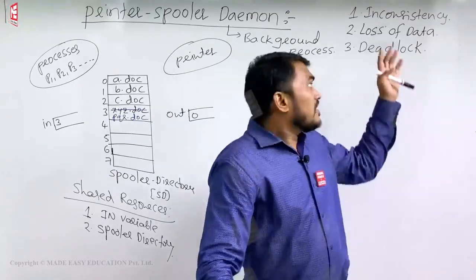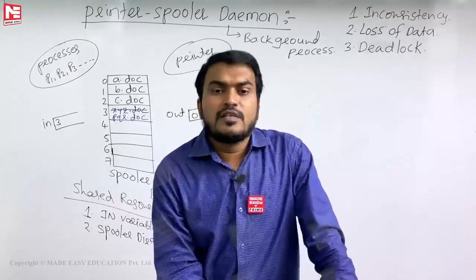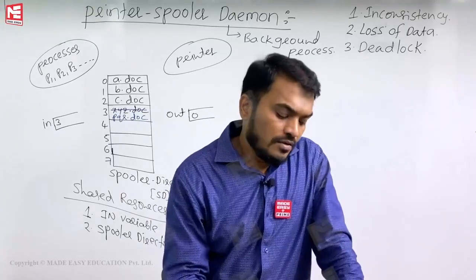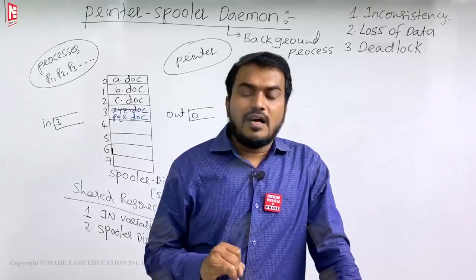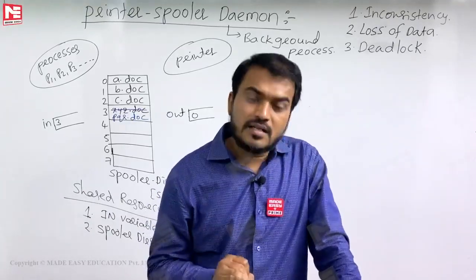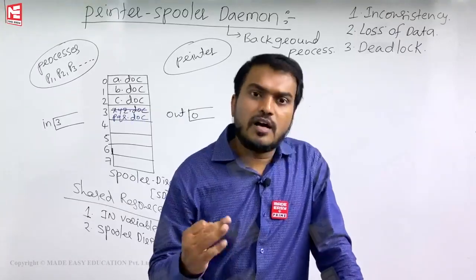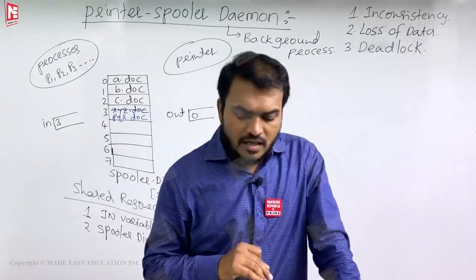So these are the three major problems we are going to get if we don't have proper synchronization. The first problem is inconsistency, the second problem is loss of data, and the third problem is deadlock. How deadlock happens, you will understand going forward. Just remember that these three problems will come.